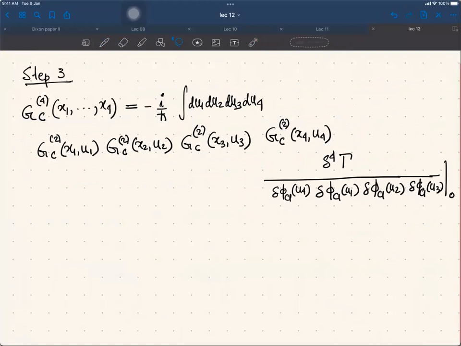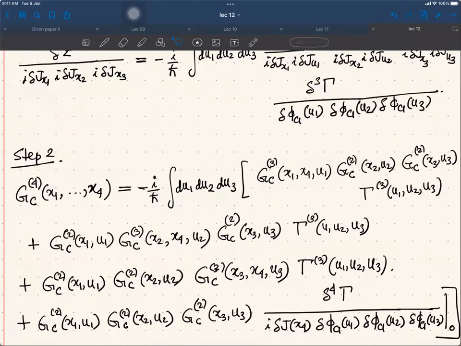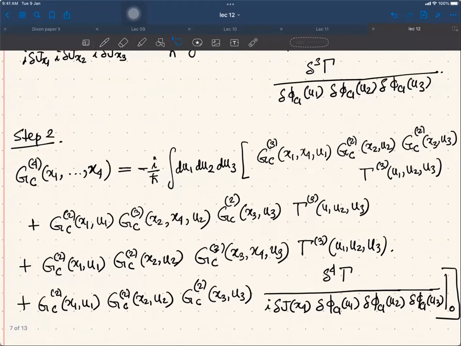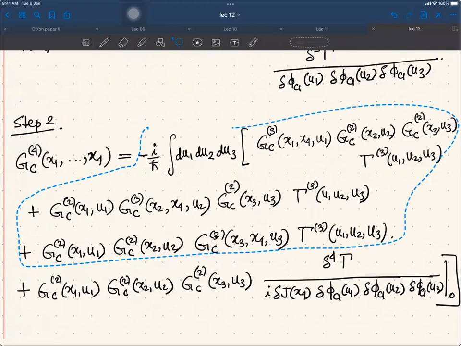This is what the last term would look like. And then the other three terms, let me write them down, just copy them without processing them any further.